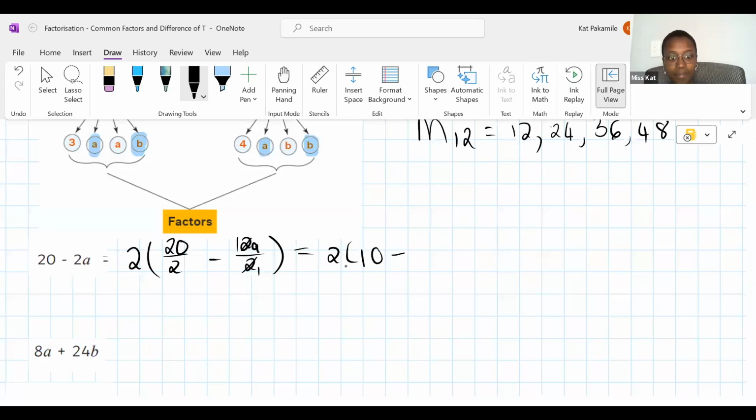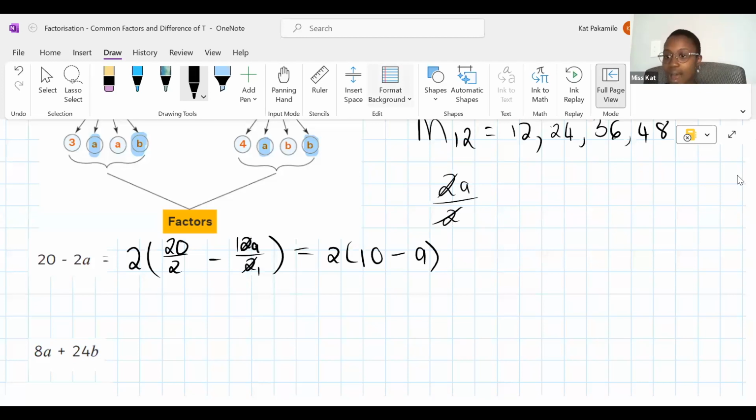If I divided 2 by 2 here, remember we had a 2a divided by 2. But the 2's cancel each other, isn't it? So what's left? The a, ma'am. The variable. A, yeah. And Senzo, you have successfully factorized our first bracket. Beautiful. Thanks for not running away.